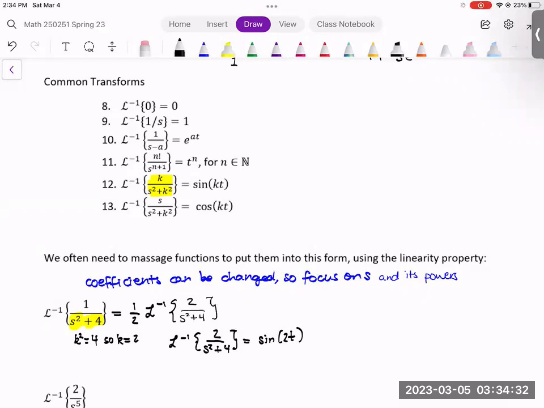Okay. So linearity says that these coefficients can be moved in or out of the inverse Laplace transform, no problem. Okay. We haven't changed the value because we multiplied by 2 and divided by 2. But now we match up the format that we're trying to agree with.